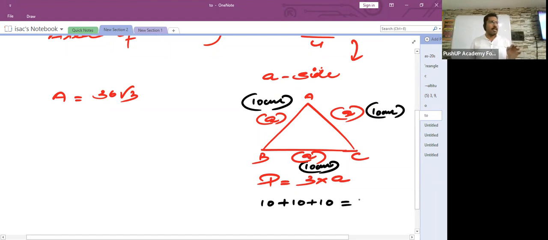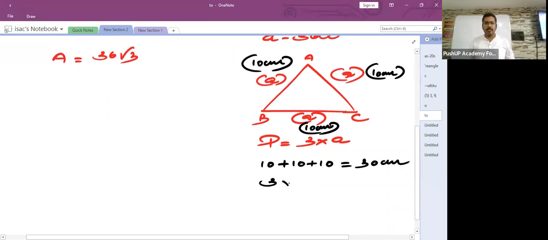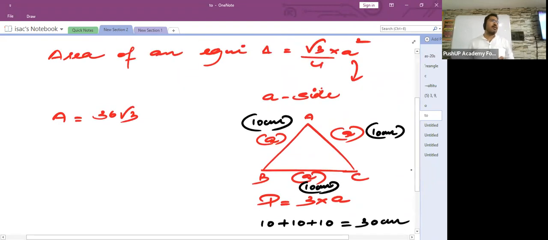What will it be? 10 plus 10 plus 10, which is equal to 30 centimeters. Otherwise, you directly do 3 into 10. How much do you get? 30 centimeters. That makes sense, isn't it? So whether you take the sum of all the three sides or you multiply 3 with the side, you get the same answer.